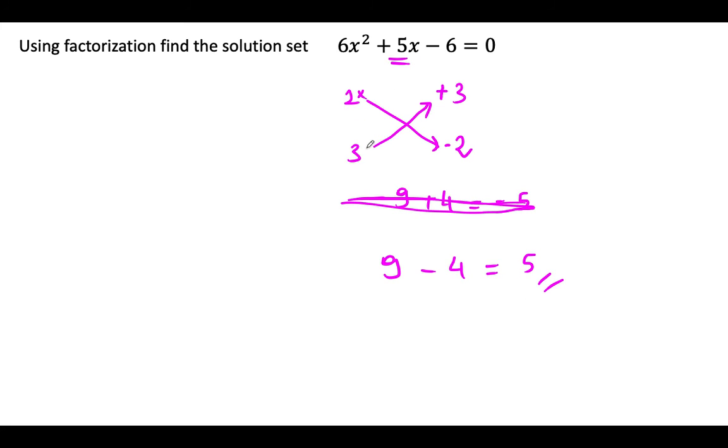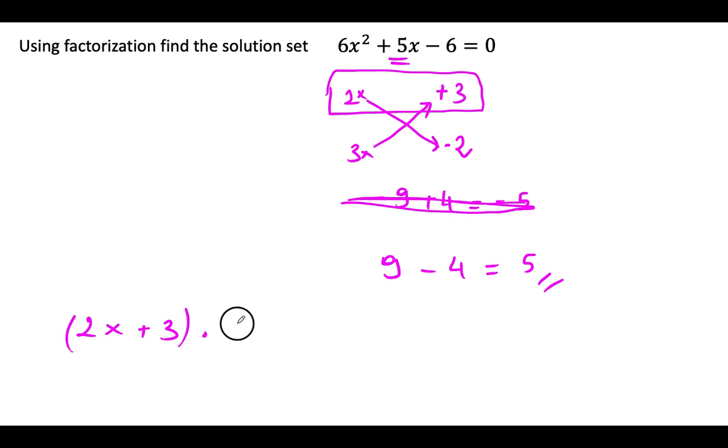And then here x. If this is x squared, x. If this is y squared, y. You know this. So 2x plus 3. Do not forget, when we write the final stage, we write it as a row. We write horizontally. So 2x plus 3 times 3x minus 2.